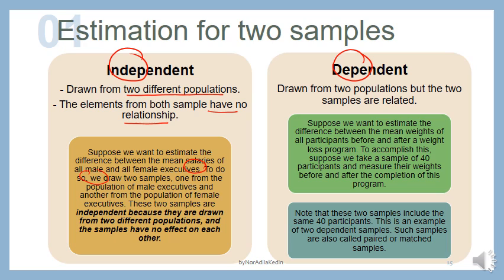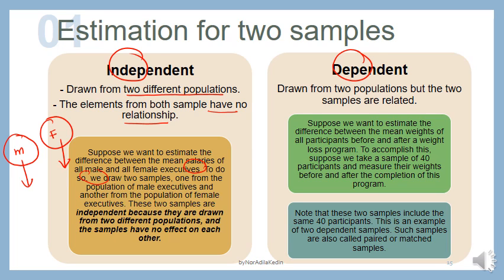To do so, we draw two samples, one from the population of male and the other one from the population of female. You ada dua population yang berbeza. Satu population male, satu population female. Awak draw one sample from male, another sample from female. So you have two different sample from two different population.